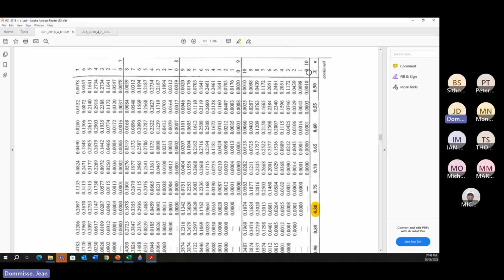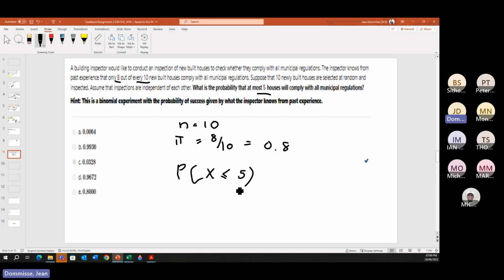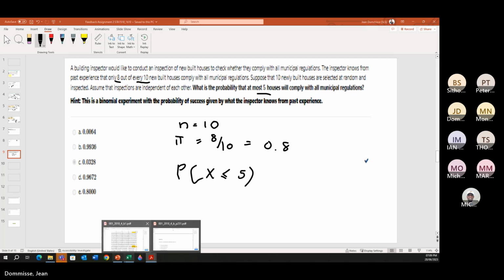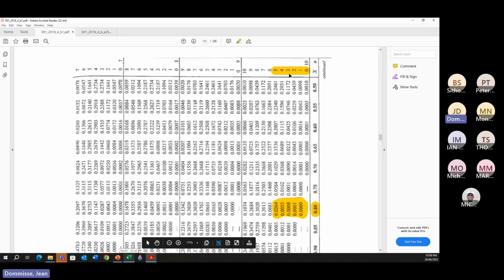So x is 0, 1, 2, 3, 4, 5. So those 5 that we will actually need to add, because we say that it is 5 or smaller, or x is smaller or equal to 5.